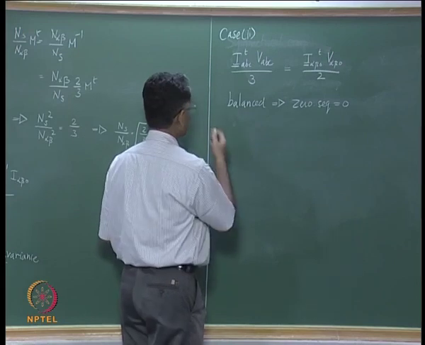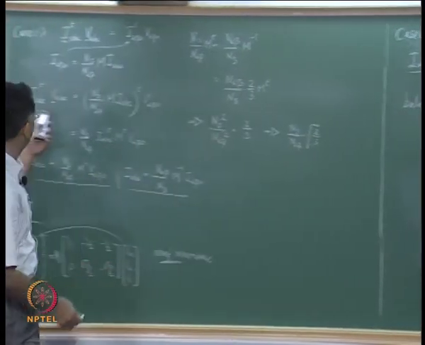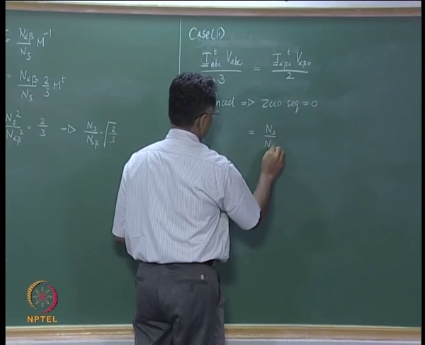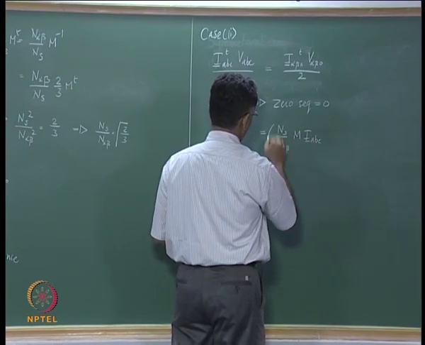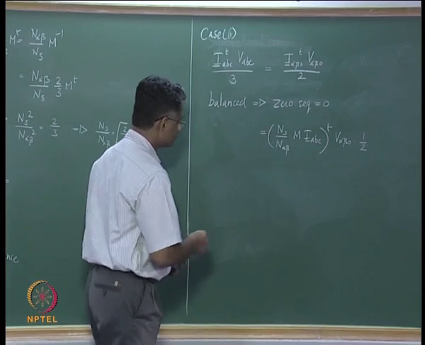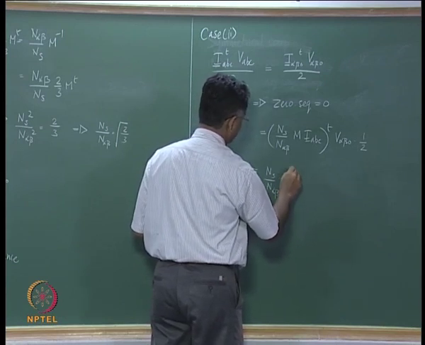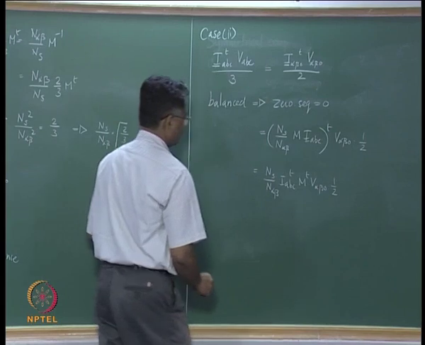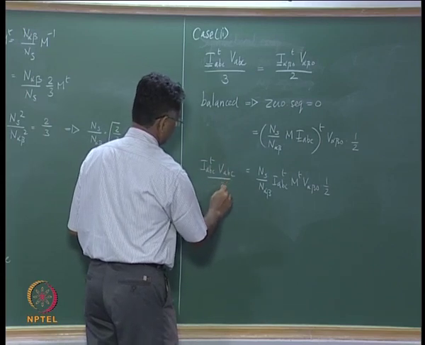So if we have this and then we substitute the expression for I alpha beta 0 again as before, what we have is I alpha beta 0 is ns by n alpha beta, multiplied by m into I ABC transpose multiplied by V alpha beta 0 into 1 by 2, which is the same as ns by n alpha beta multiplied by I ABC transpose m transpose V alpha beta 0 multiplied by half, and this has to be equal to I ABC transpose V ABC by 3.